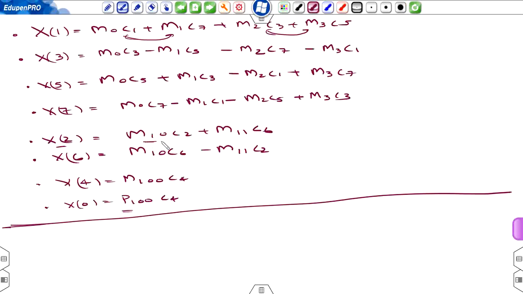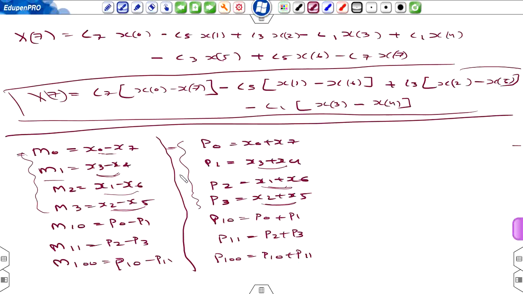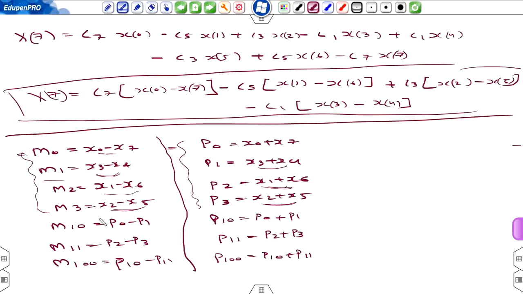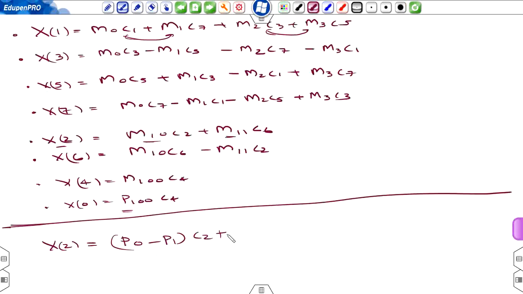Okay, so x2 is m10 c2 and m11 c6. So x2 is, m10 is p0 minus p1, p0 minus p1 c2 plus m11 is, sorry, m11 is p2 minus p3, plus p2 minus p3 c6.